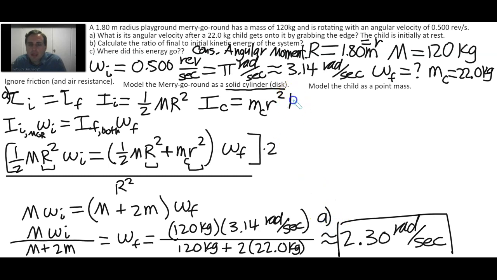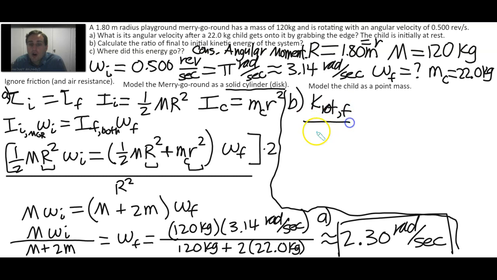Let's look at part B. What's going to be the ratio of the initial to the final kinetic energy? So we actually want final divided by initial. So K rotational final over K rotational initial should be 1/2, and then it's going to be the final rotational inertia.